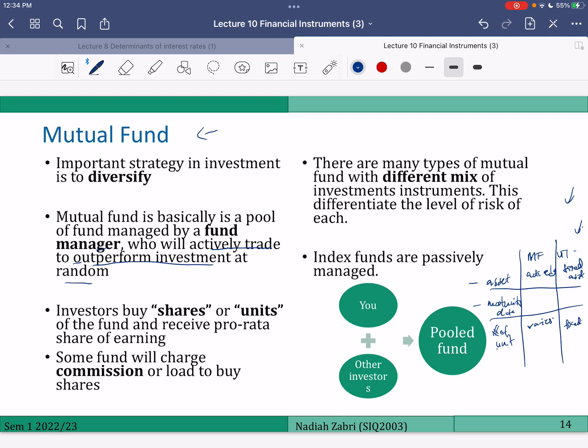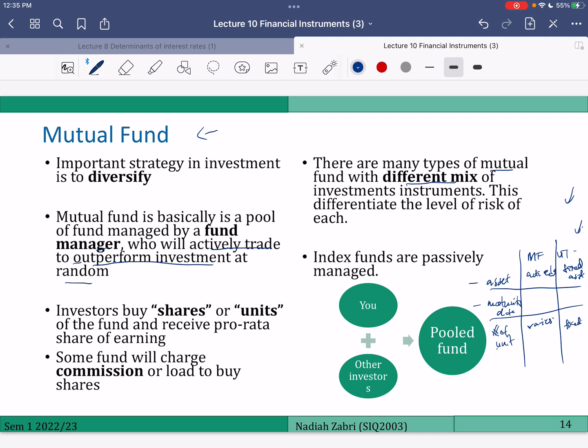For mutual fund itself, there are different mixes of investment assets. The assets in the mutual fund vary. Some mutual funds consist of just bonds, which is usually considered a safe mutual fund. Some consist only of shares, which is usually considered a more risky mutual fund.